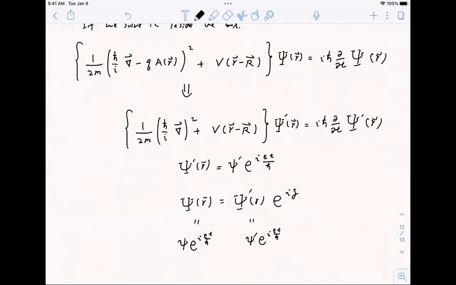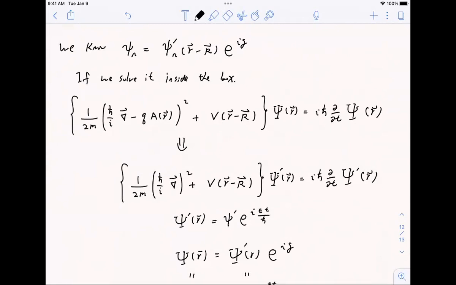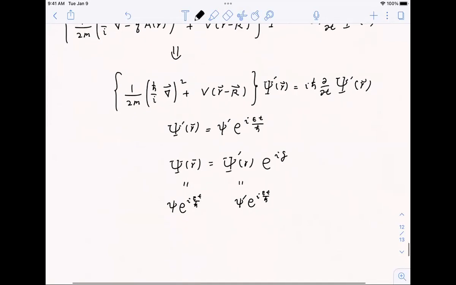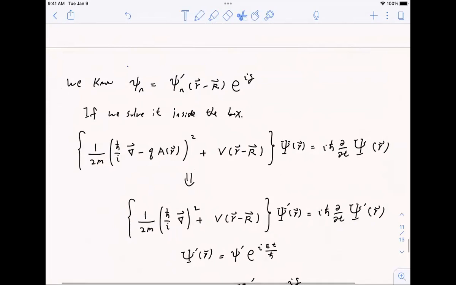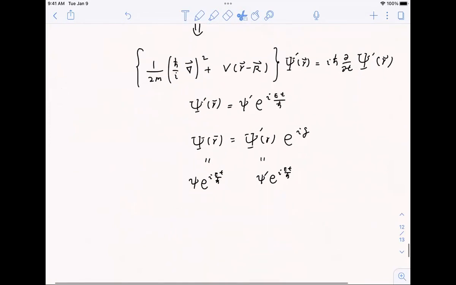The energies are the same because once you do the derivative, it doesn't depend on that. So eventually you get this form. We're almost done. We just need to plug it in.